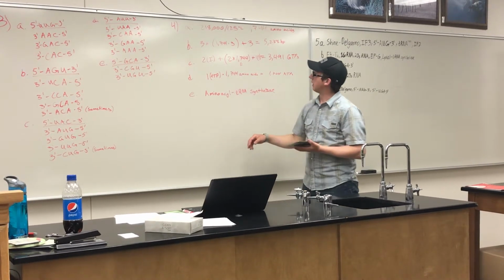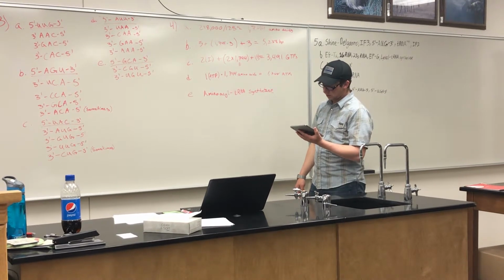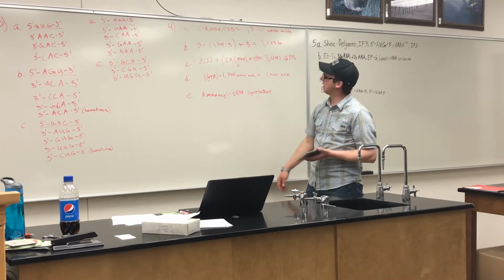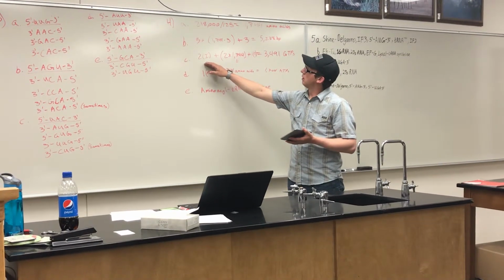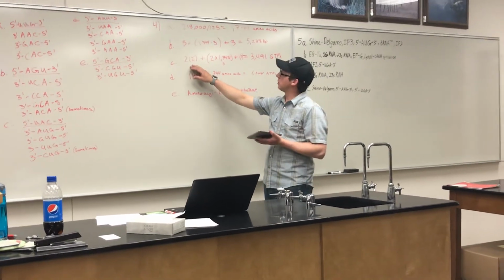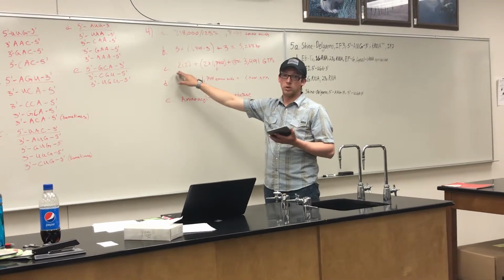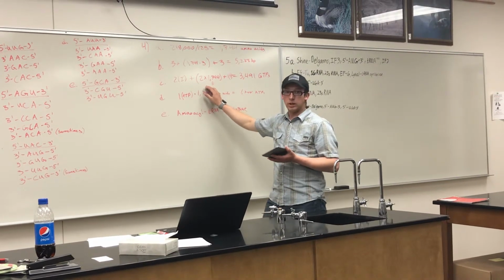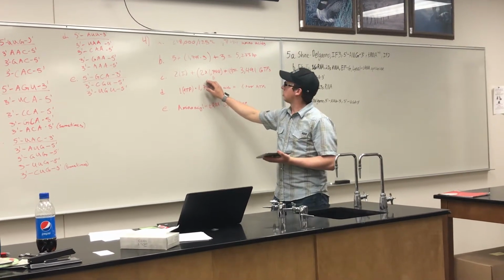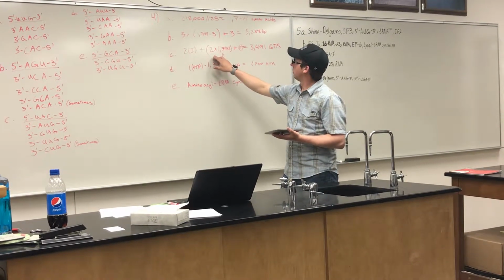For C, it asks how many GTP molecules are consumed to synthesize each copy of protein X. So if you remember in the practice problems that we did earlier this week, each initiation comes with 2 GTP molecules used, and then for each cycle, or each amino acid, it takes 2 GTP molecules.